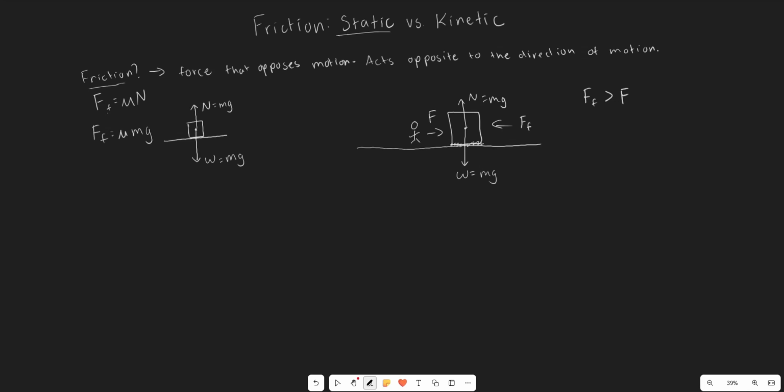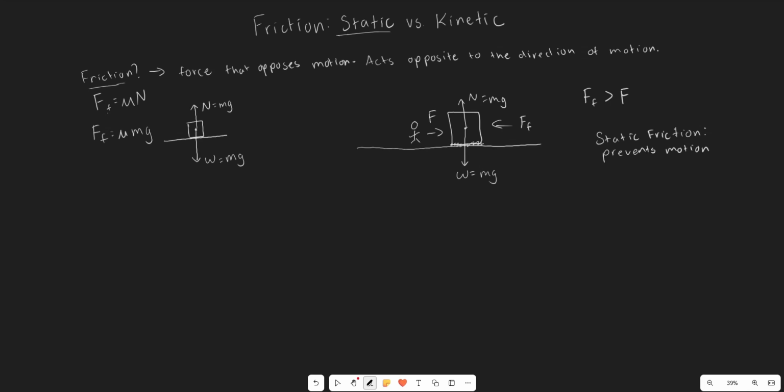We know that static friction prevents motion from happening. So here we can see an example of static friction. The friction is so high that it's preventing the big box from moving, even though there's a force acting on it. That is what static friction is.